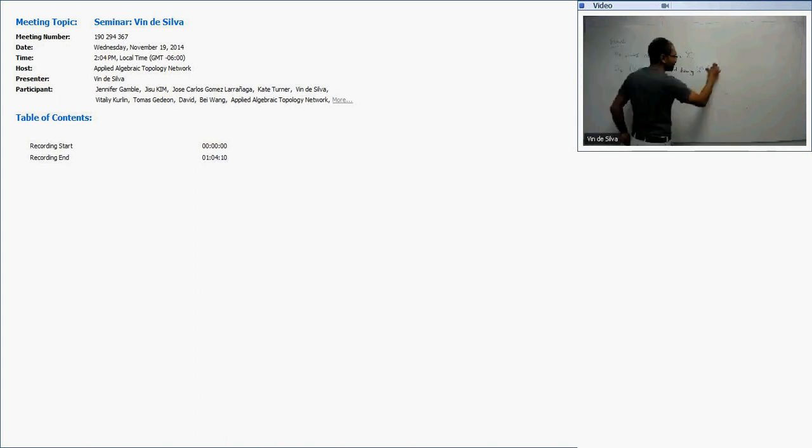The metric space thickening of the subset is all points that lie within epsilon of the original set. You can show quite easily that if you thicken and you thicken again, the resulting thing is contained in thickening all in one go. It might not be equal, but it's contained in it. That makes this family, in our language, a superlinear family.